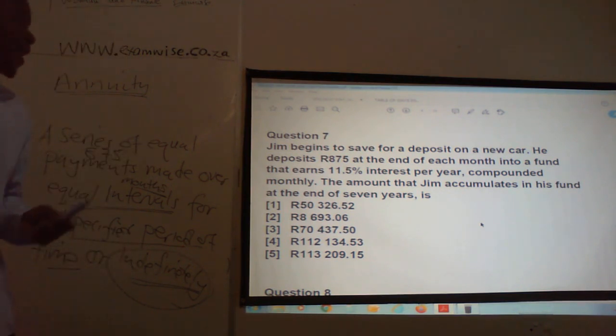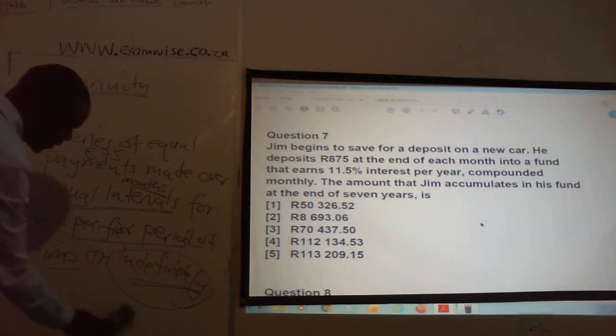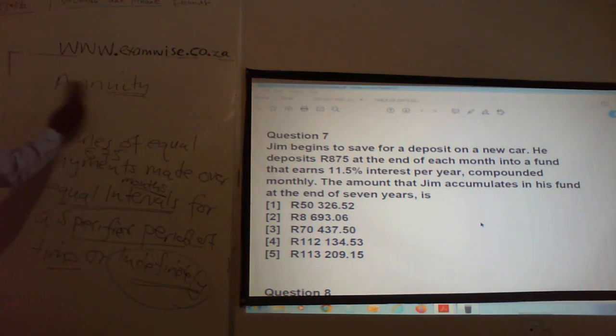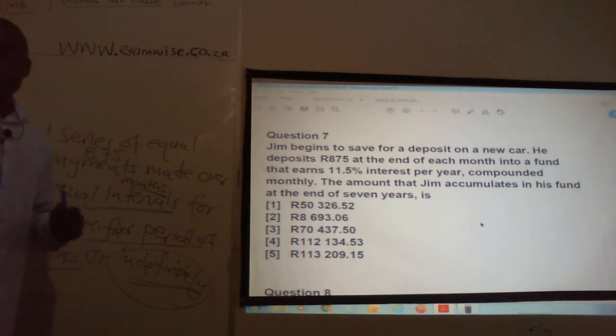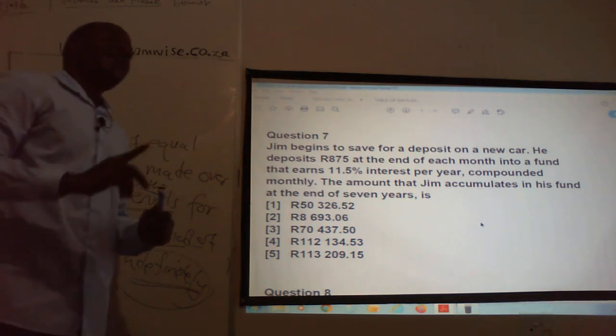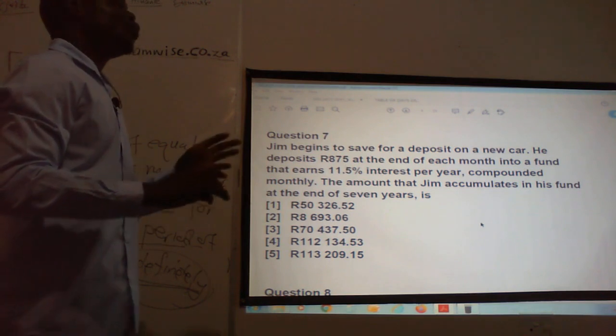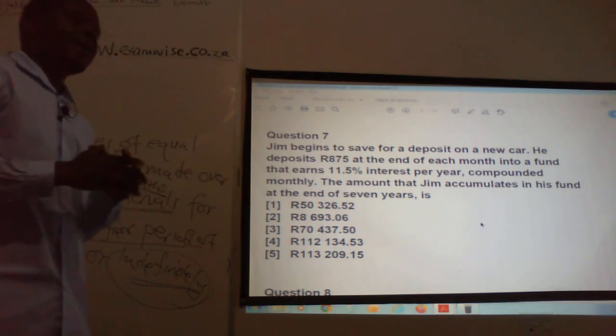Before we go to the question, for the purpose of this module, we have 2 types of annuities which they normally ask in the exam.